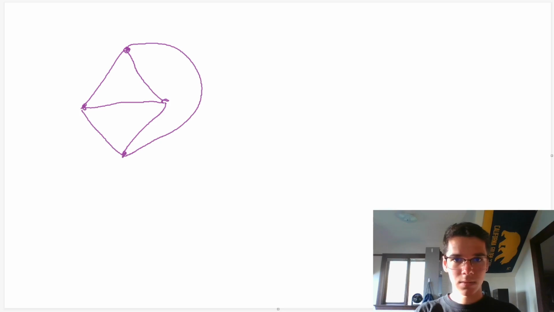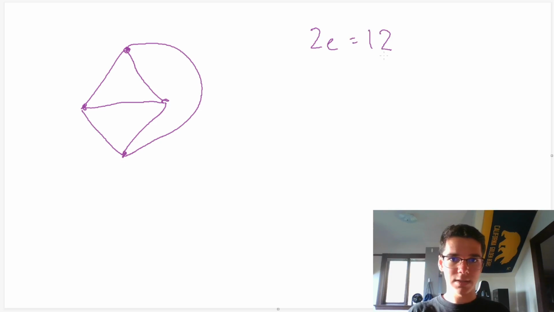So we have, let's just count the number of edges. We have 1, 2, 3, 4, 5, 6 edges. And 2 times e is equal to 12. So I'll just write that 2e is equal to 12. And we're saying the sum of the degrees of each vertex is equal to this number right here.